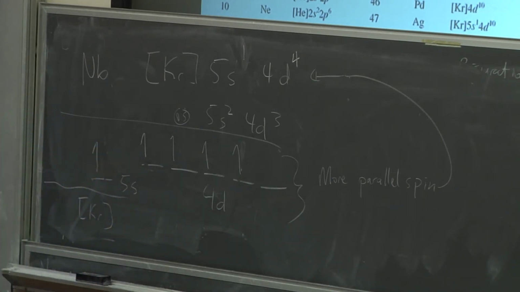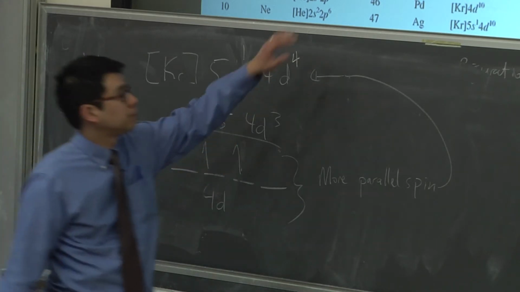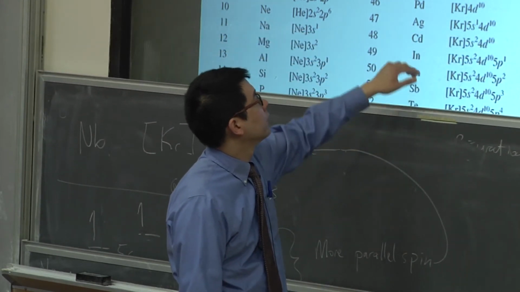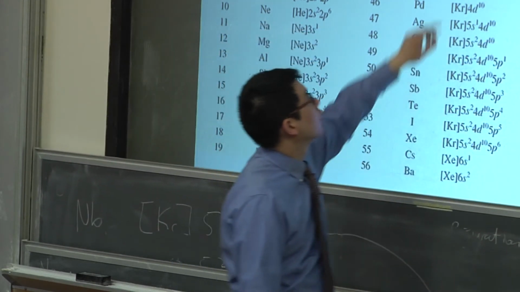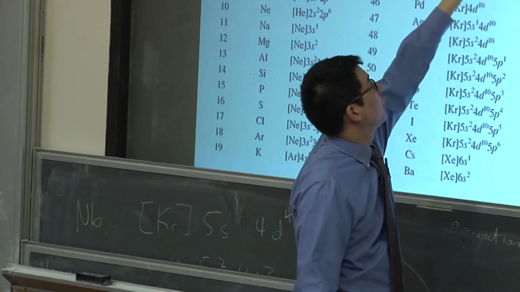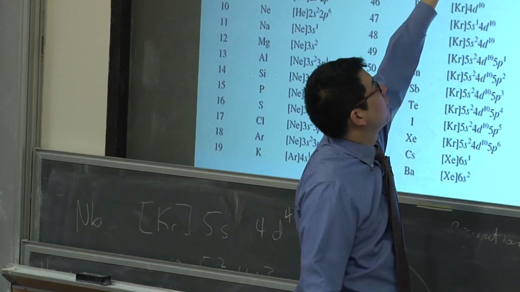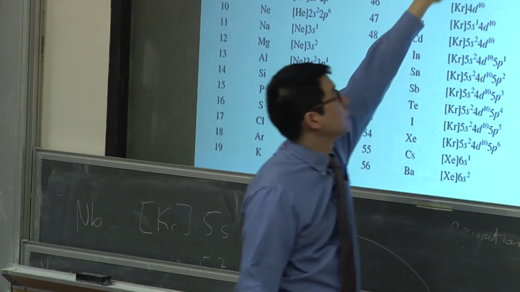Say that again? How many exceptions are there for the 5s? Okay, so if you look here, we go from 5s1, 4d4 to 5s1, 4d5. And so the niobium and the molybdenum are exceptions.